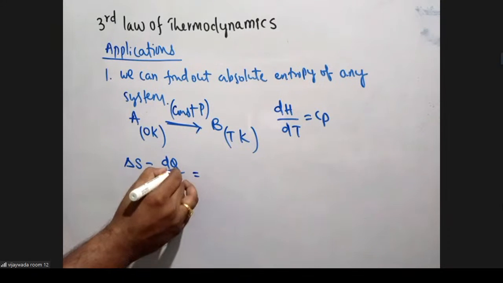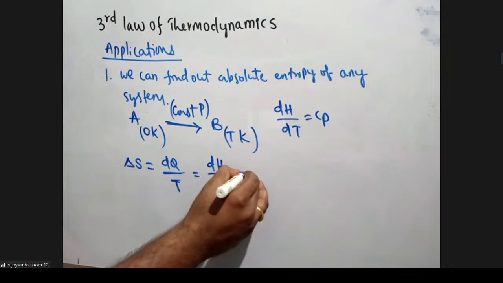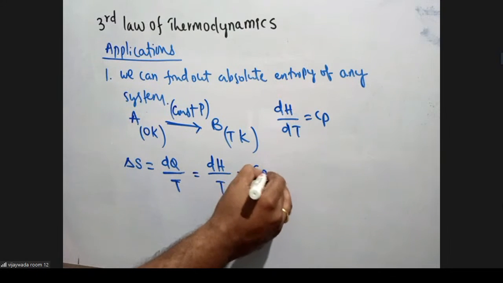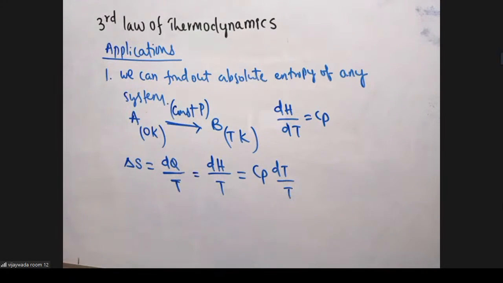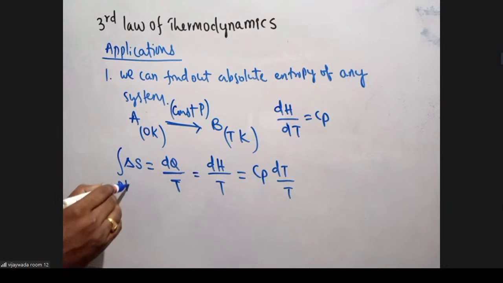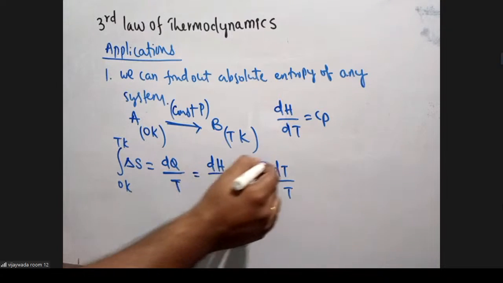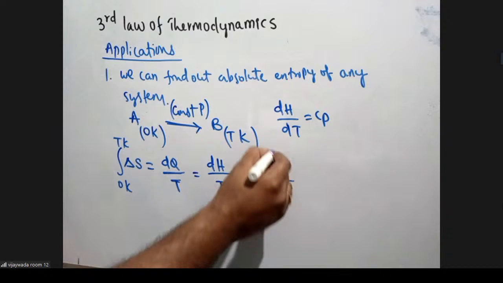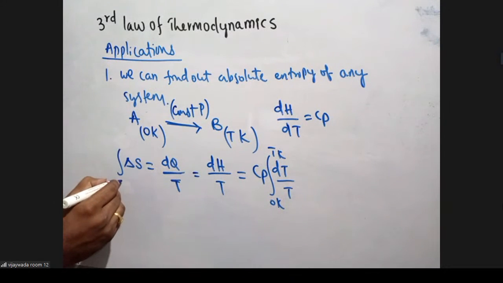If I write this dq as dH at constant pressure, then dH I can write as Cp dT by T. And integrate this delta S from 0 Kelvin to T Kelvin, so that it goes from S initial to S final.